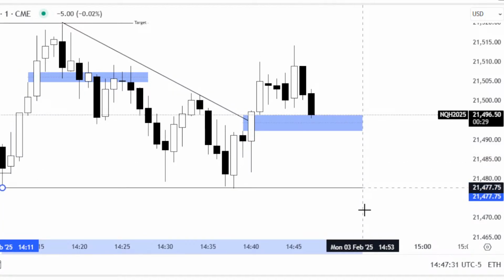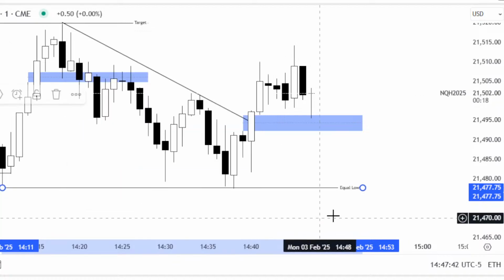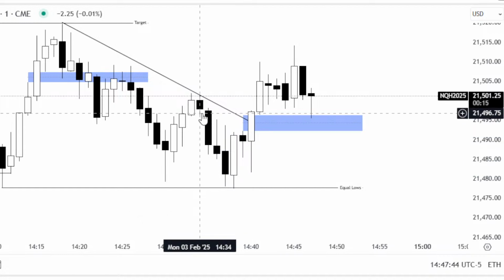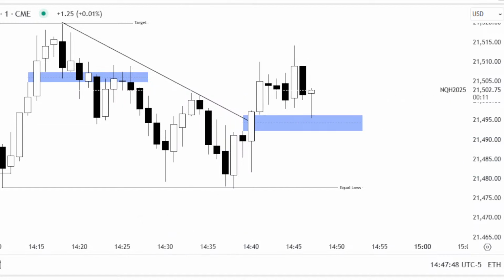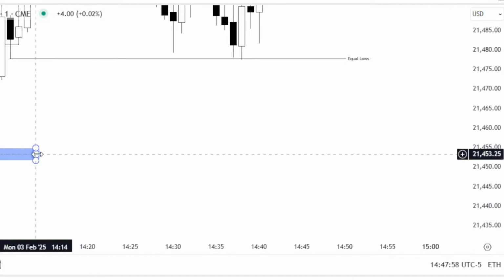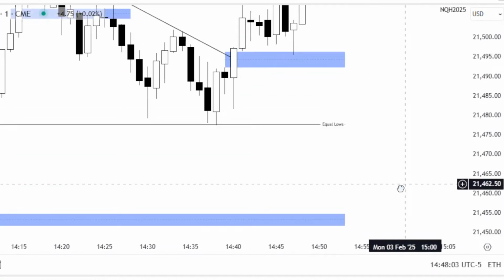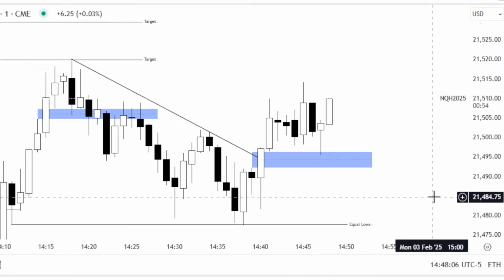Nice equal lows here. All the way down there. So there's a lot of sell side building up.